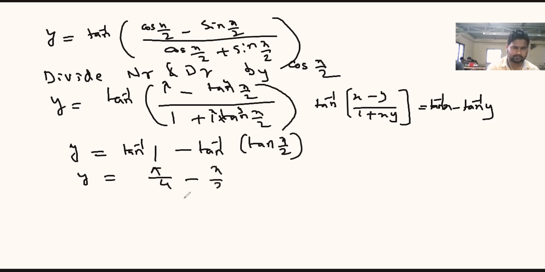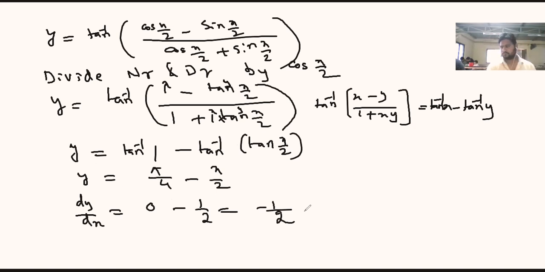It is x by 2. Then differentiating, now it is the simplest form. So differentiating with respect to x, we get dy by dx equal to 0 minus 1 by 2, is equal to minus 1 by 2. Now take a screenshot, otherwise you can write it down.